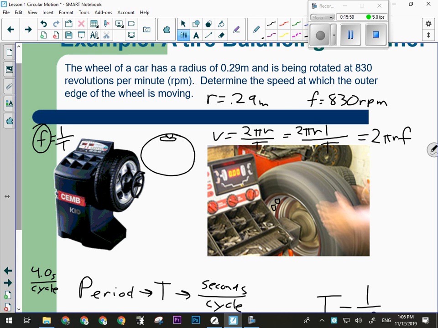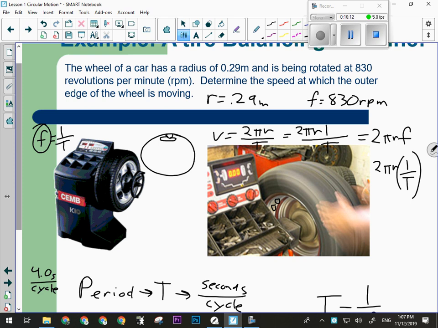So multiplying by the frequency is the same as dividing by the period. All right, so I've got r, I've got f, and now I have a formula: 2 times pi times r times f.